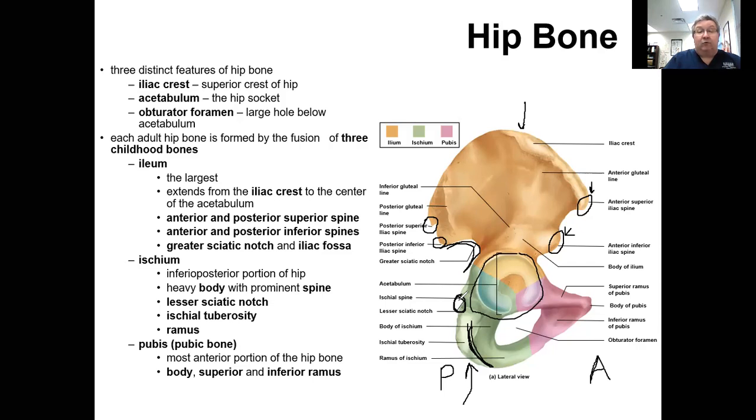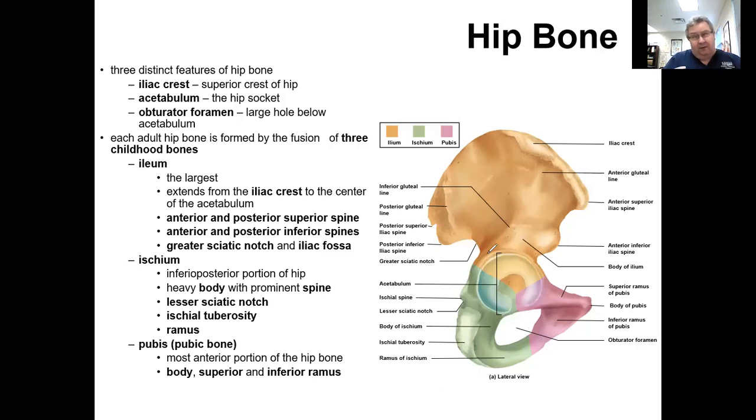And it will be very visible when you guys have the bone in your hand. It's a rough area. It's a thick bone. Think about it. If we had a thin bone that we were sitting on, we would break it all the time. So that ischial tuberosity has to be thick, has to be strong. Very important bone.